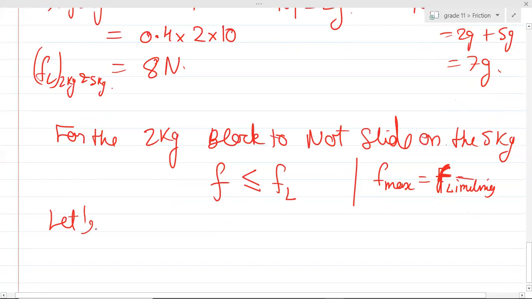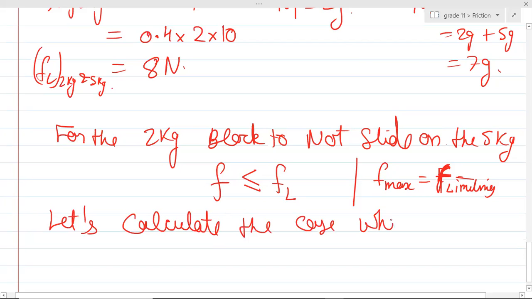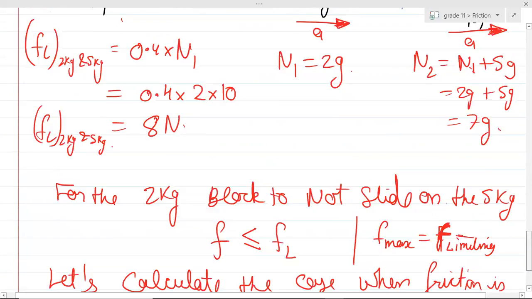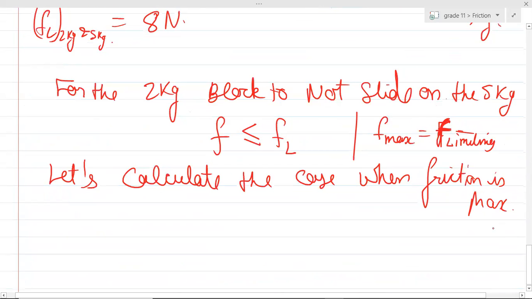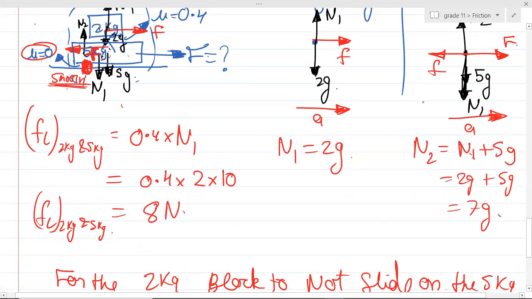So let's calculate the maximum case, when friction is max. So basically in place of f you will write what? FL. Are you getting my point, guys? So what was the first equation? Can you see over here?